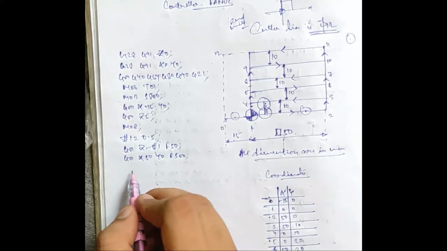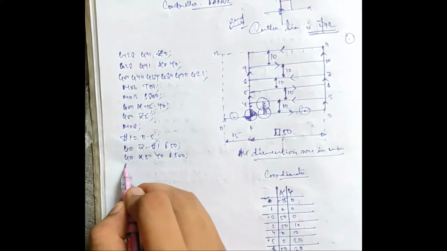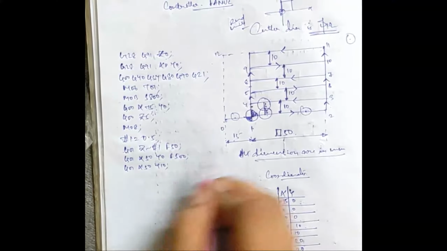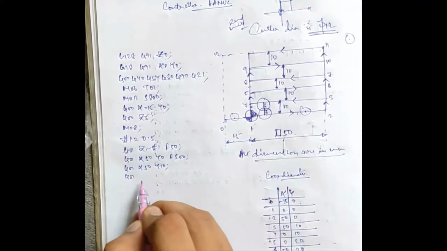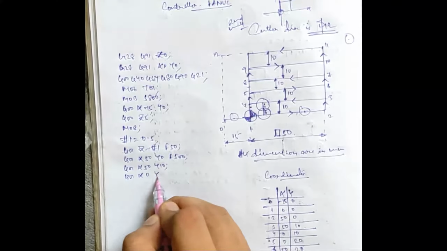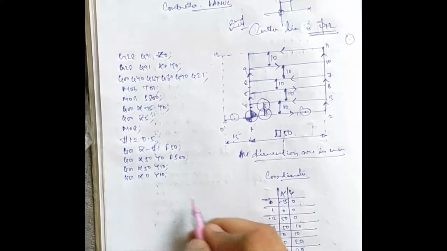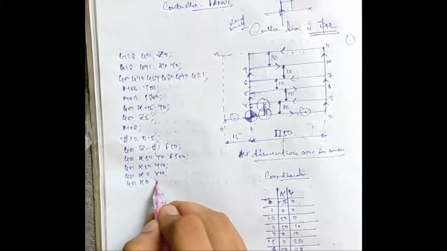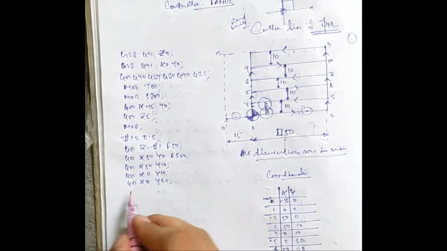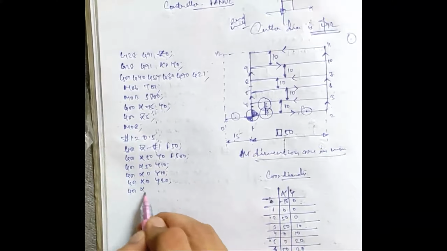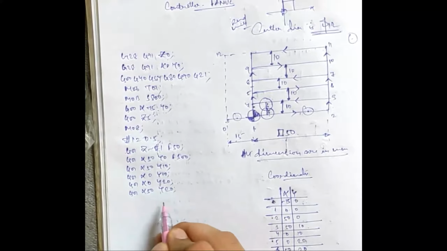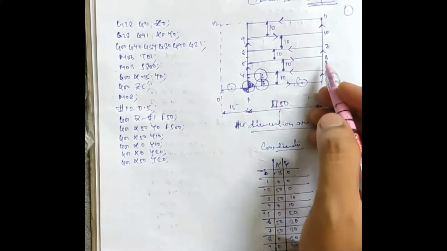Okay, then 2 to 3, G01, x50, y10, then 3 to 4, G01, x0, y10. Okay, then 4 to 5, G01, x0, y20, then 5 to 6, G01, x50, y20. Clear?